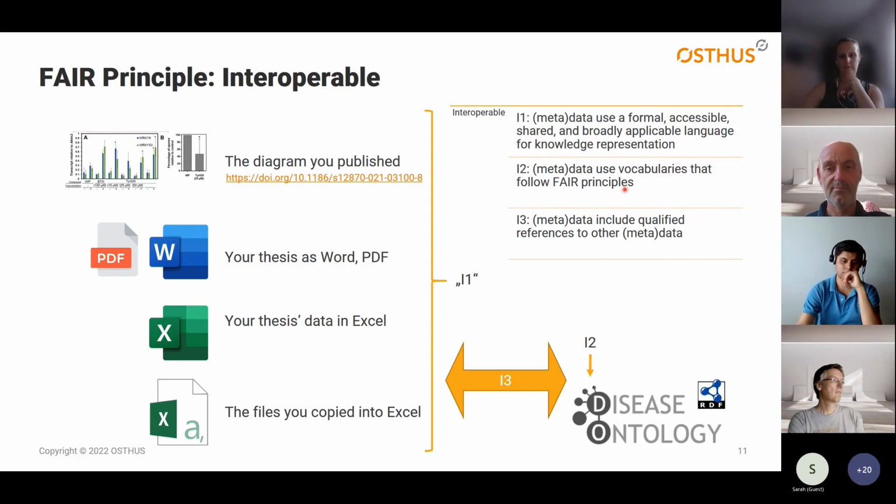And this way you can include what's called qualified references to other metadata or even to other data, and thus make your work more interoperable and also increase the chances that it will be reused one day, or that you yourself will reuse it one day.